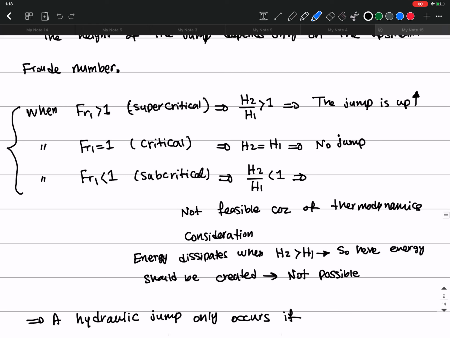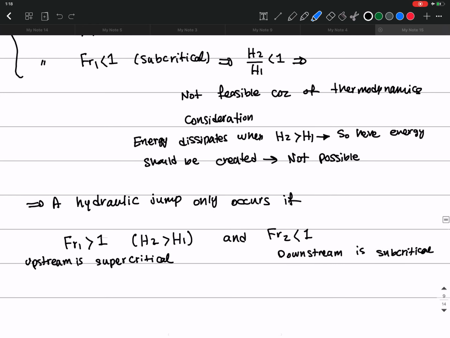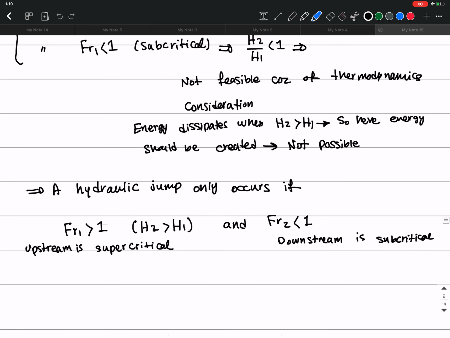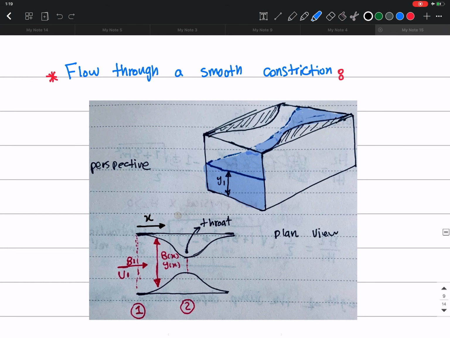And we found that the hydraulic jump only occurs if the upstream flow is supercritical and the downstream flow is subcritical. So the flow jumps from supercritical to subcritical, increases its depth, and loses energy.